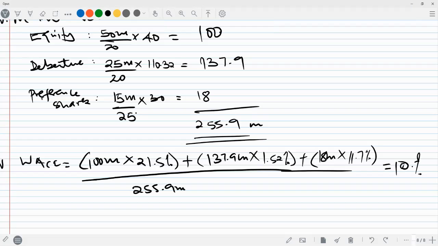I think this one is too easy. Let's see if they can get a slightly more complex one.